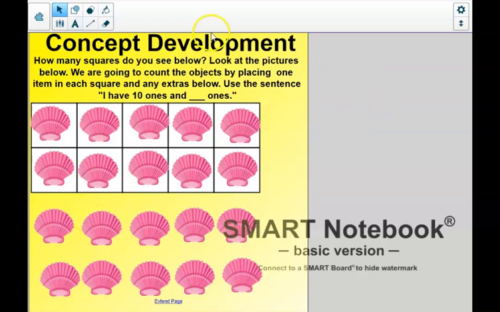Now this is a really big number. This is the number 20. So this is 2 groups of 10. But today we're going to focus on just the 10 1s and blank ones. So we're going to say I have 10 1s and 10 1s.